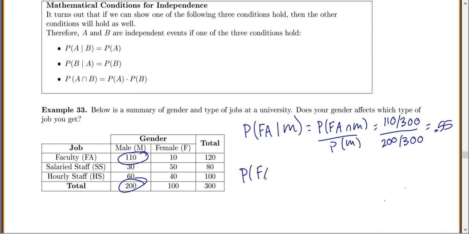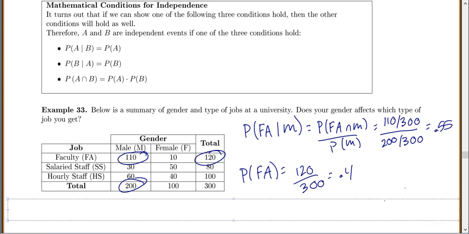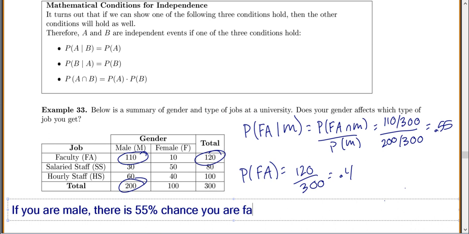Now, probability of faculty, let's look at that one. Probability of faculty, there's a total of 120 faculty out of 300 people, so 0.4. So what does this tell me? If I was to write this out in words, it says, if you are male, there is a 55% chance you are faculty.